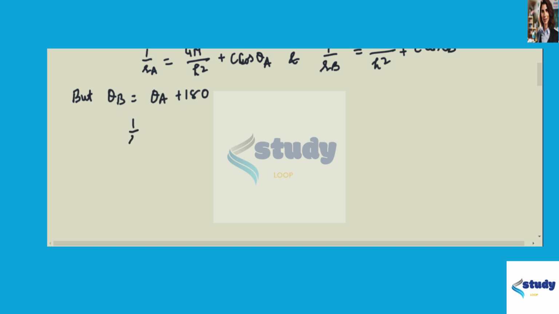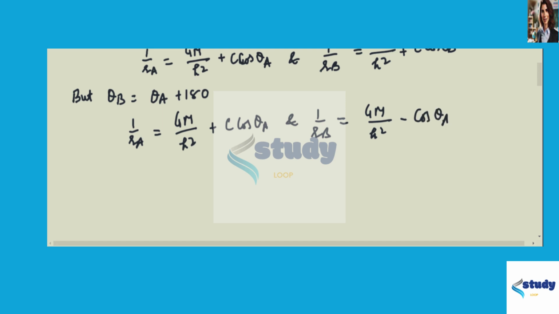So 1 upon Ra will be GM upon h squared into 1 plus e cos of theta a, and 1 upon Rb will be GM upon h squared into 1 minus e cos of theta a.